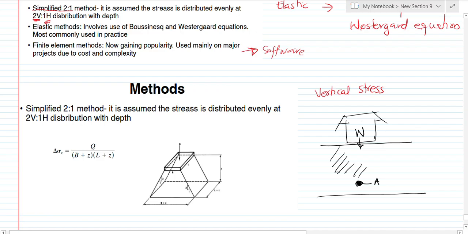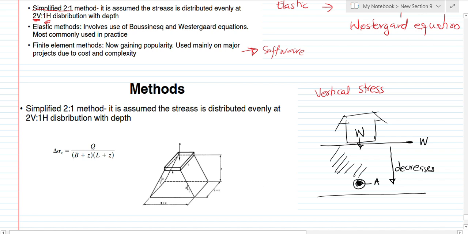And so that is the stress that we are looking for, and that is what we call the induced vertical stress or the stress increase. Do you get it? So we know that at this point, that stress increase is equal to the weight. But as we come down, that stress increase decreases. So how do I then find that stress increase here? Do you get it? All right.